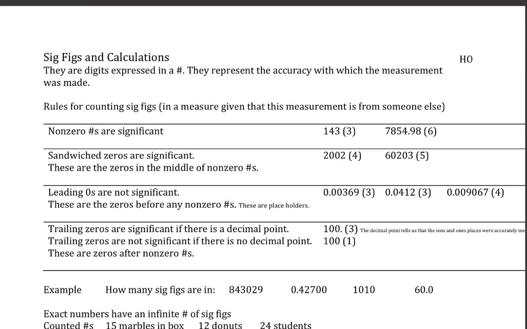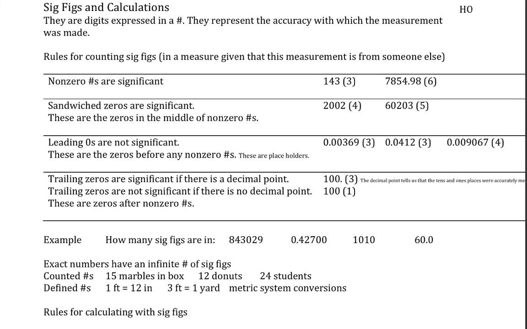Okay, our next section is on sig figs and calculations. Sig figs is an abbreviation for significant figures. They are digits expressed in a number. They represent the accuracy with which the measurement was made.